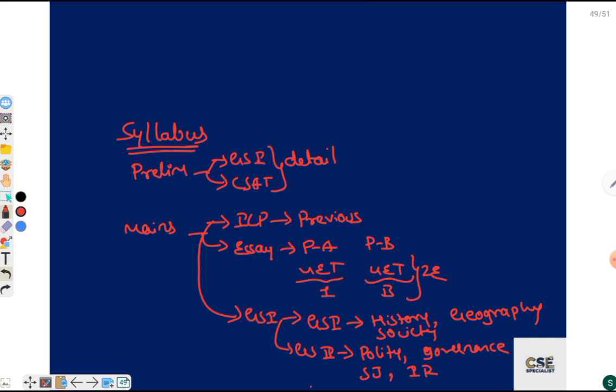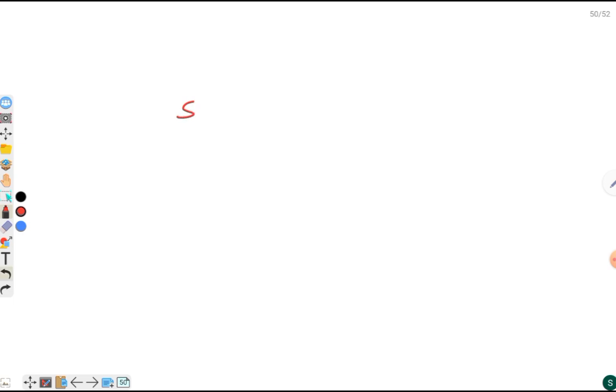And for GS3 we have to cover economy, science and tech, environment, disaster management, internal security. And GS4 is ethics, integrity and aptitude. And apart from this we have seen the sources that we have to read for all these papers.